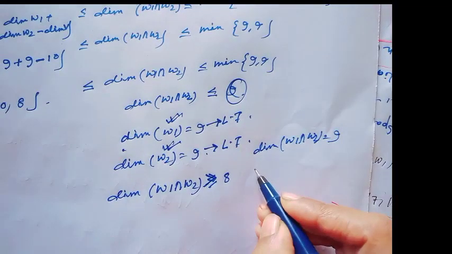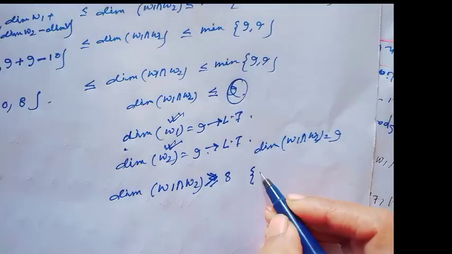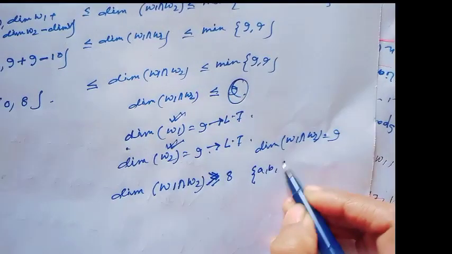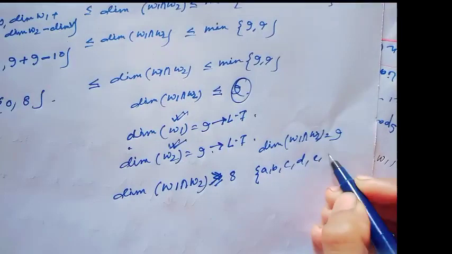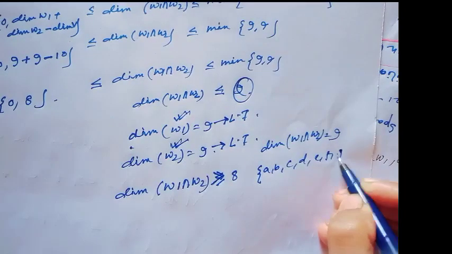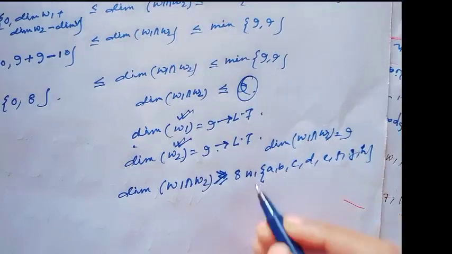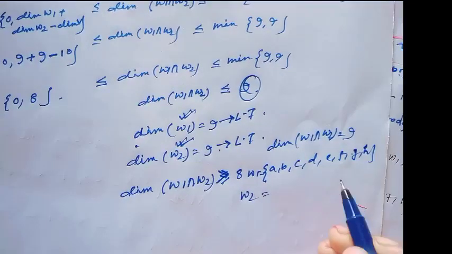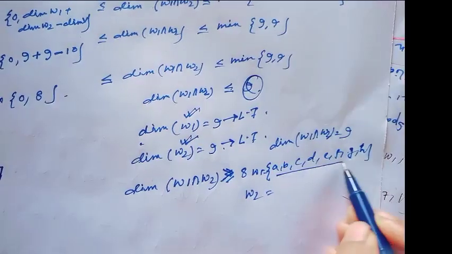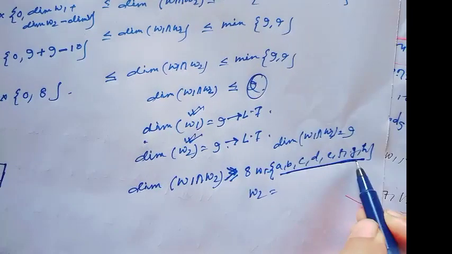That means if W1 contains such elements A, B, C, D, E, F, G, H, then W2 must contain at least one different element.